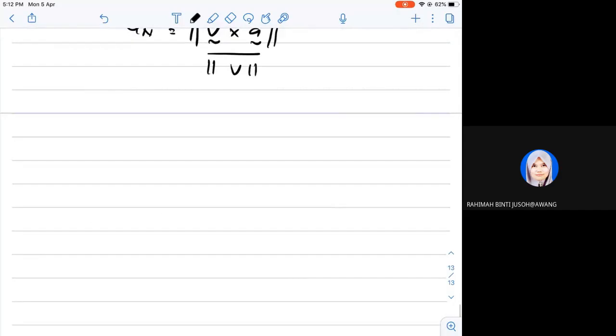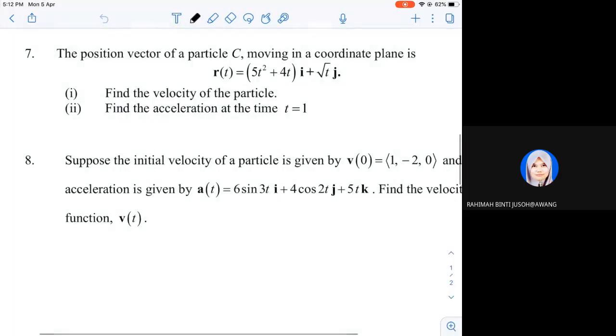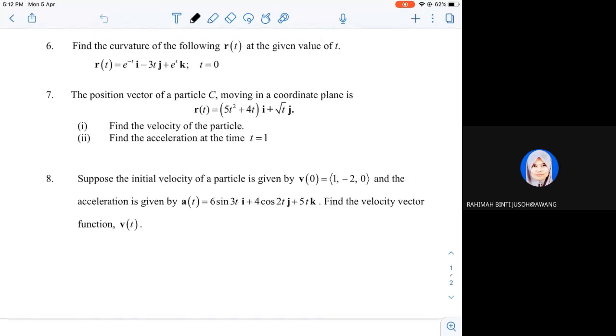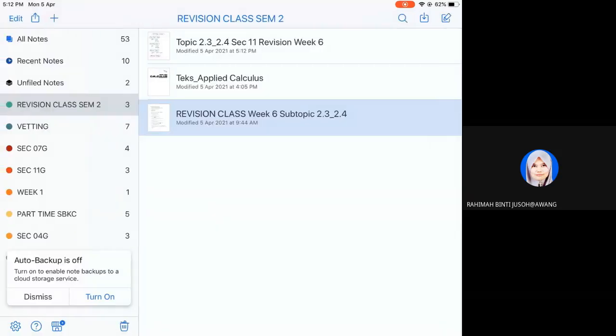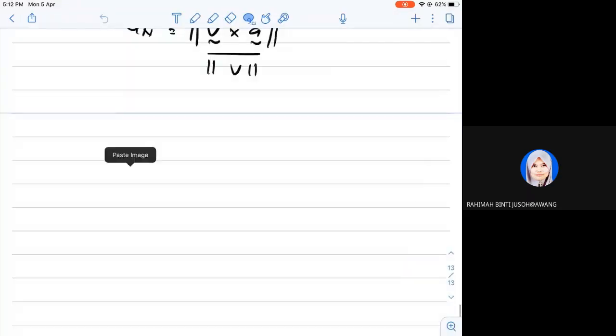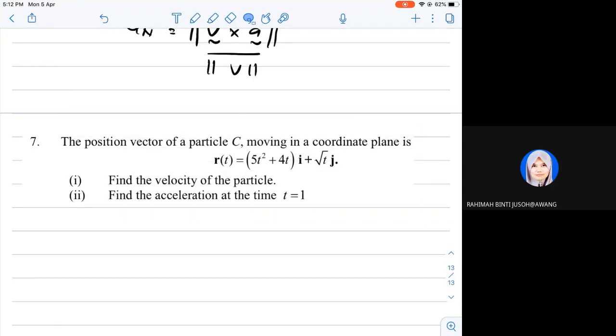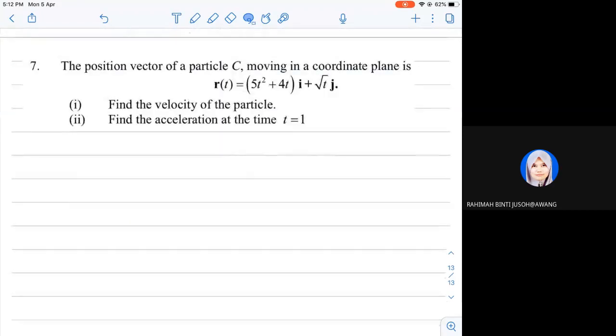Jom kita tengok next question. Question number 7 lah. Kita ambil yang simple dulu, and then we go for the other question. Okay, read this question carefully. Soalan ni nak apa?